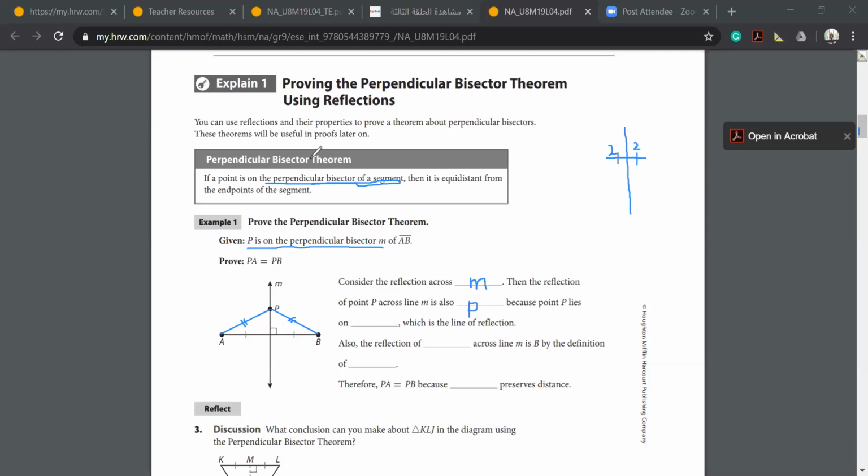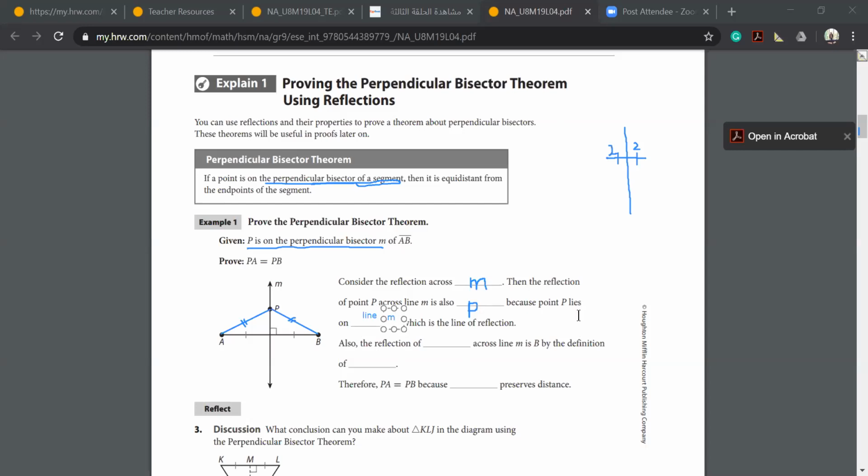Here we are just going to write on line M. It's better to write on line M because we have many lines in here.